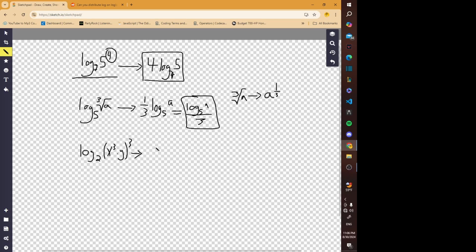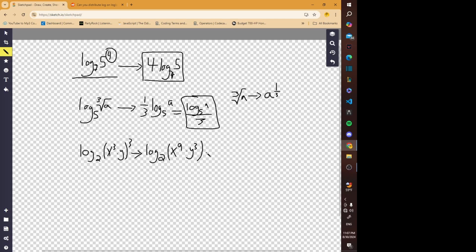So we know we could distribute this exponent into this multiplication operation here, okay? So this would turn into log base 2 x to the 9th times y to the 3rd.